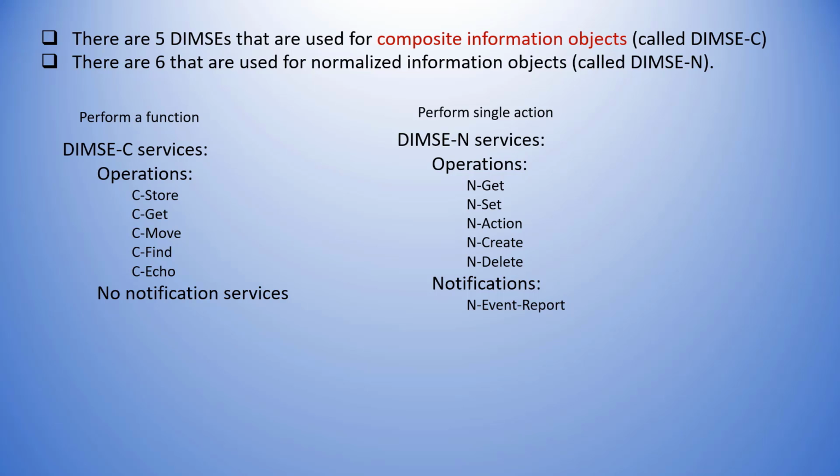So a couple of actions put together forms a function, and this is called a DIMSE-C, whereas a simple action like get, set, store, find is a DIMSE-N or normalized. There are 5 DIMSEs that are used for composite information objects called DIMSE-C, and there are 6 that are used for normalized information objects. DIMSEs are used in the transportation of data.